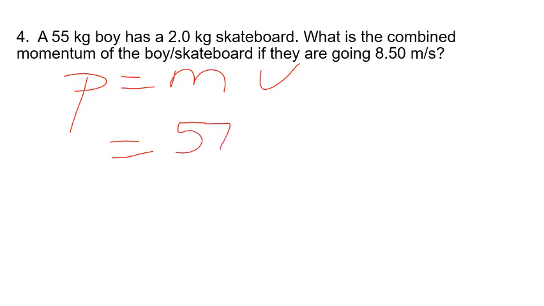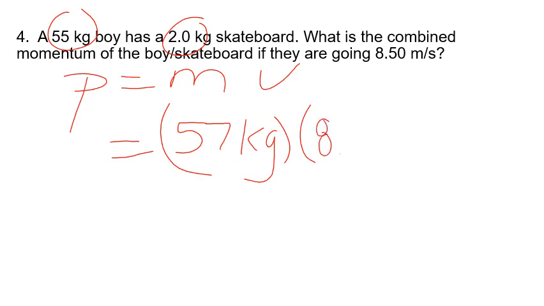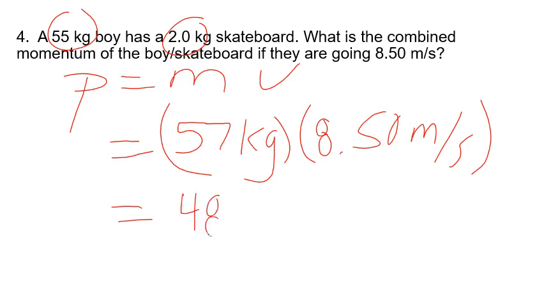So we're talking about 57 kilograms, because they are both moving together as one object, and they are both moving 8.5 meters per second. That will give us a momentum of 484.5 kilogram meters per second.